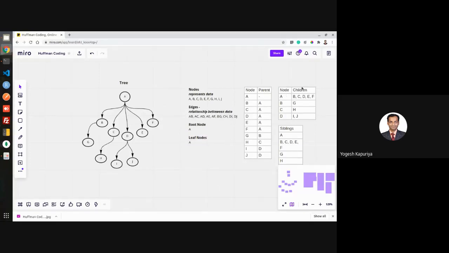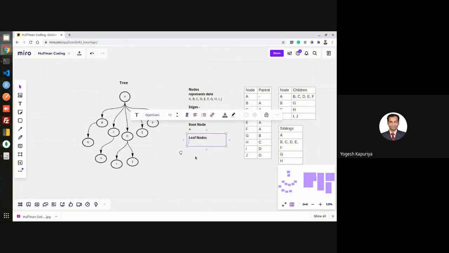So if you observe this tree, for A there are children, for B also, for C also, for D also. But for other nodes like E, F, I, J, H, and G, there are no children.